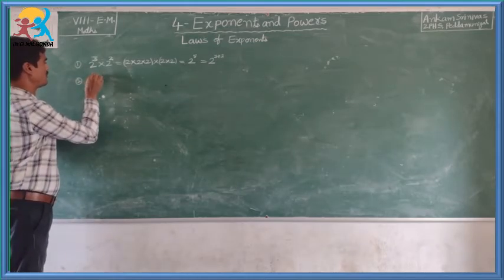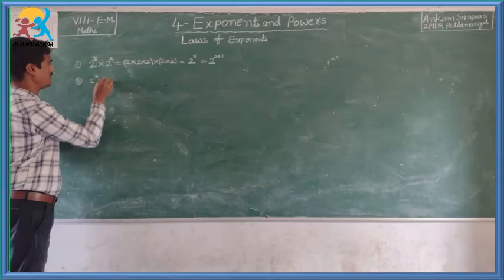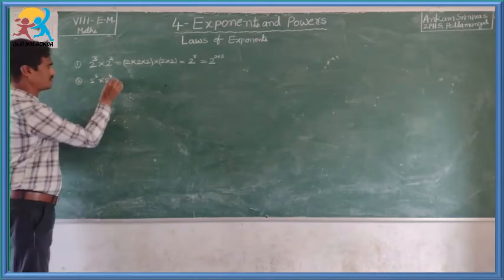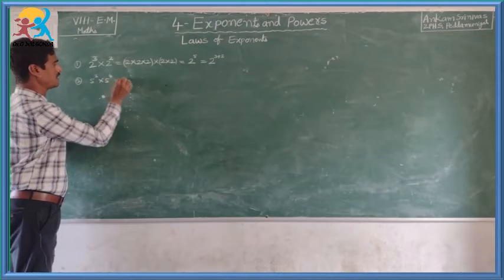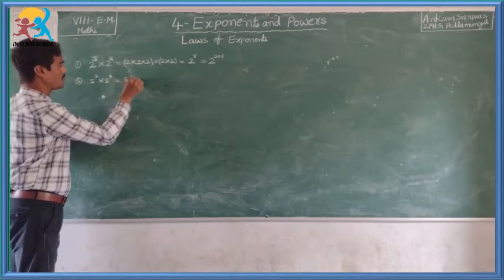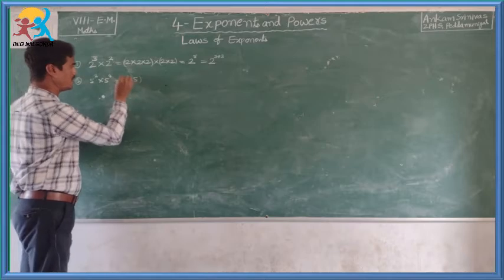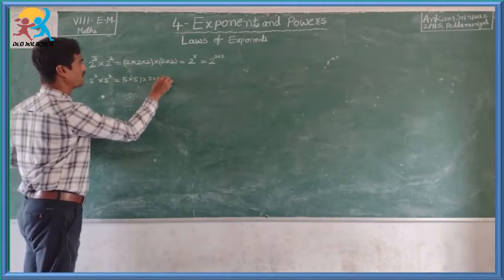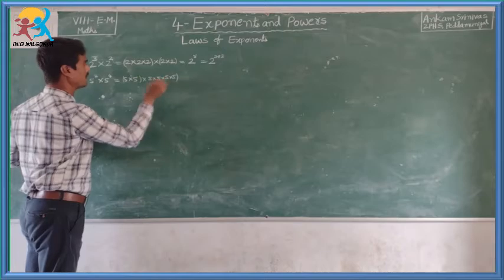Suppose I am taking one more example. 5 power 2 into 5 power 4. So 5 power 2 means 5 into 5, 2 times, and 5 power 4 means 5 into 5 into 5 into 5, 4 times.